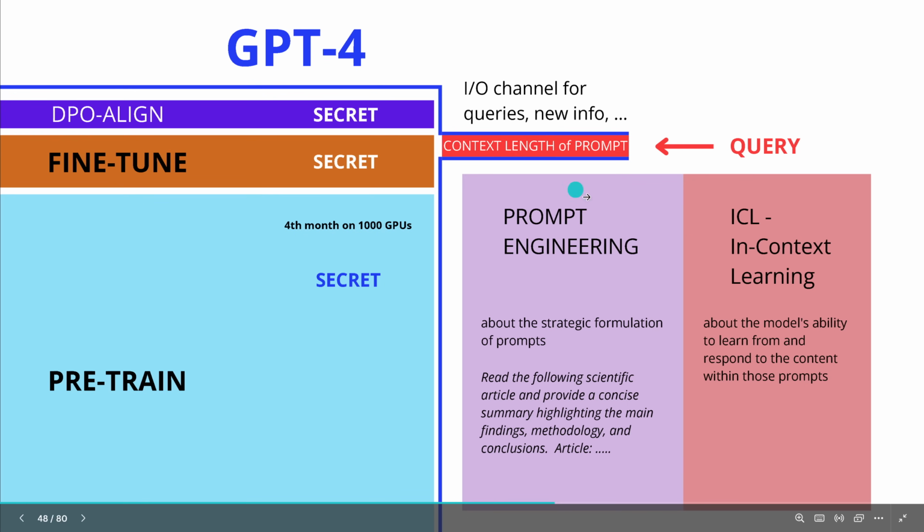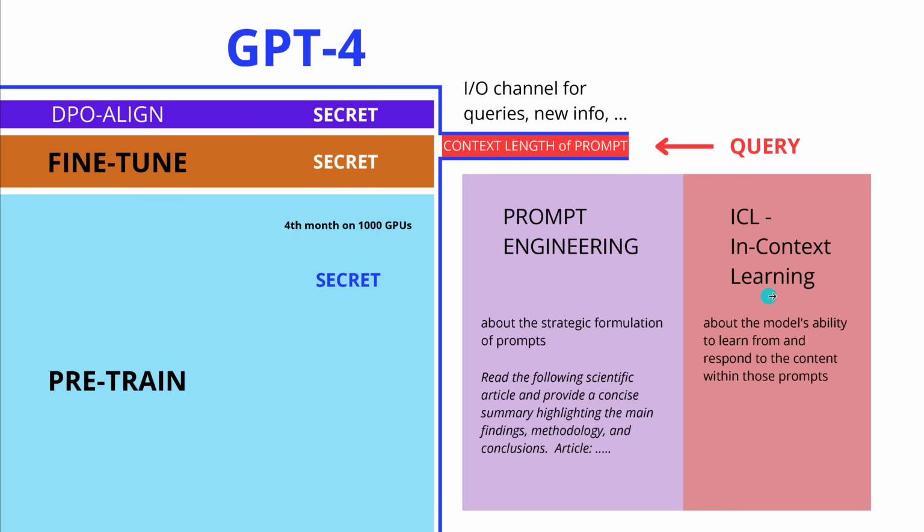That is prompt engineering. However, if you want GPT-4 to answer in a particular output format, you have to give it examples. This is about the model's ability, and by model I mean my LLM, to learn from and respond to the content within those prompts.